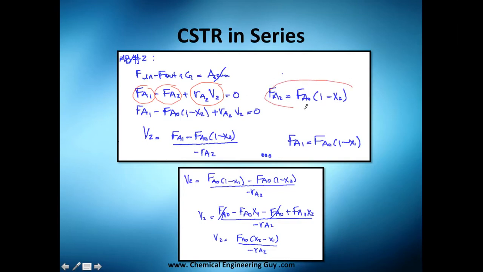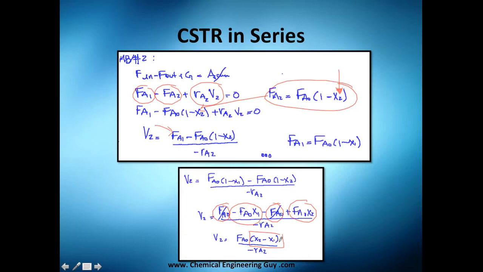Now by definition, once again, FA2 equals FA0 times the difference. Look how it's not X1, it's X2. So I substitute this data here, do some math, and I take away this, and then I get these two, and it's similar, just a difference.